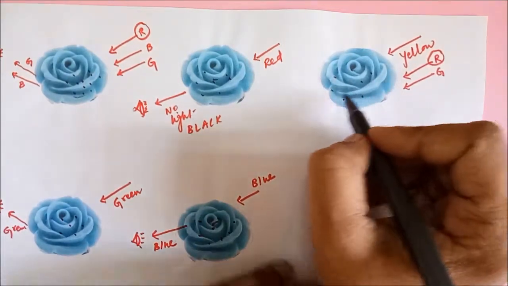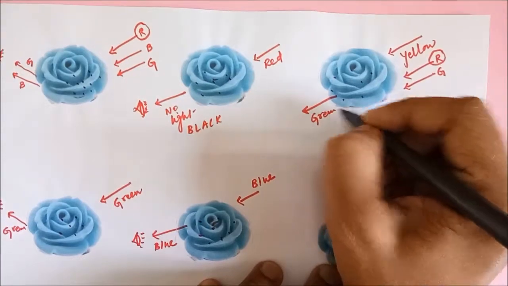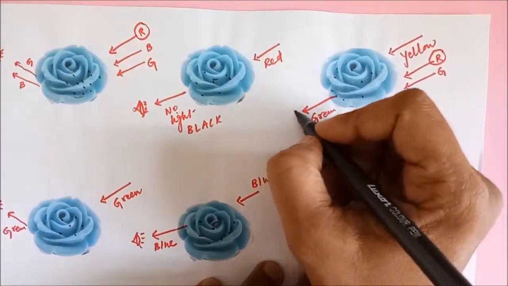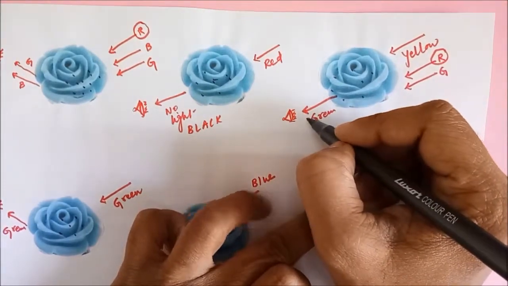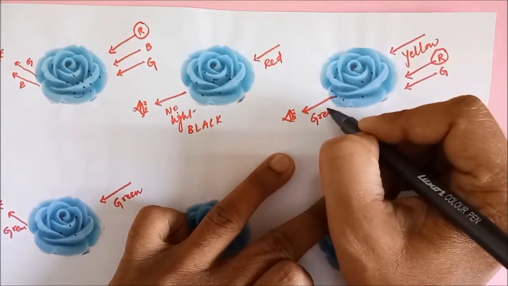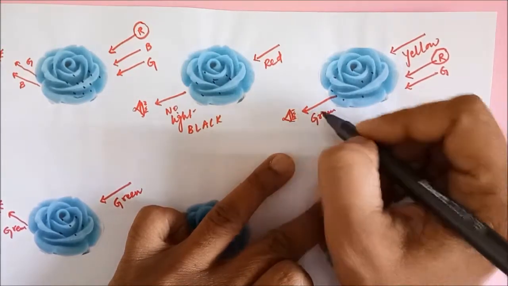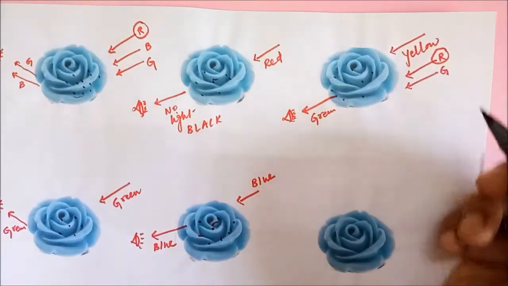So red color gets absorbed, green does not get absorbed, so the green color appears in the reflected light and enters our eye. So we perceive the color of the cyan rose as green because green is there in the reflected light. So the cyan flower in yellow light appears green.